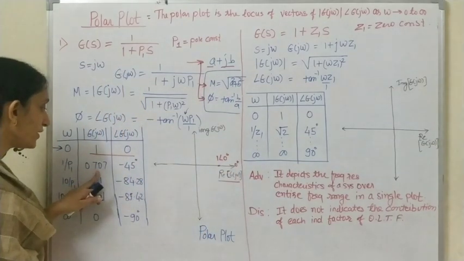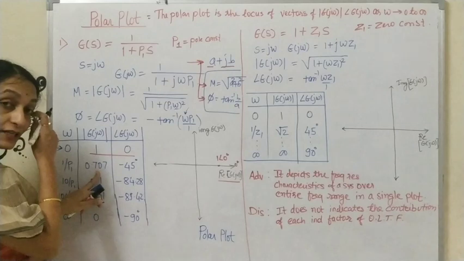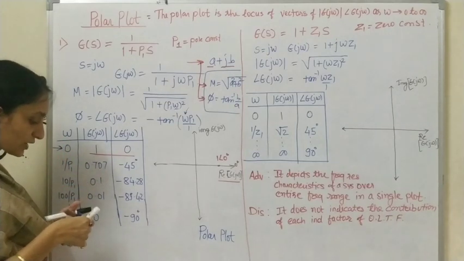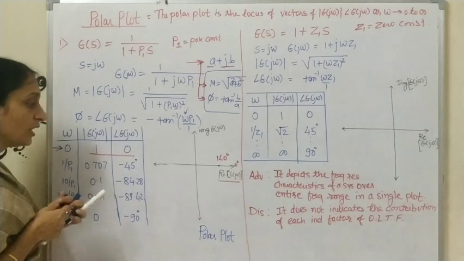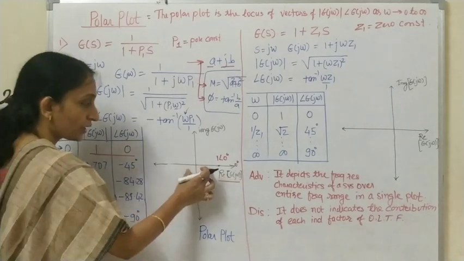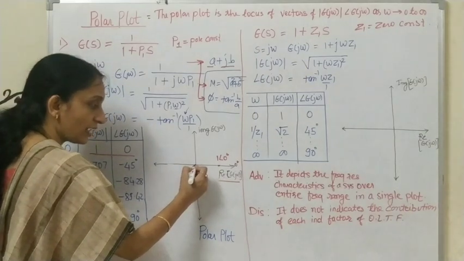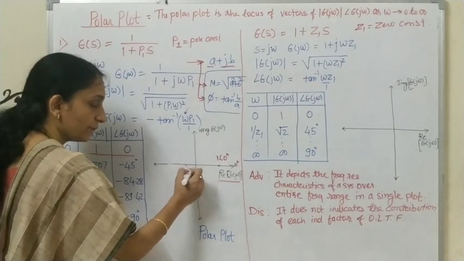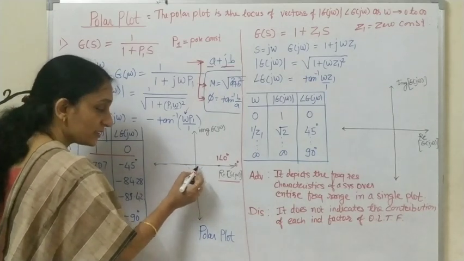Now next is 0.707 at an angle of minus 45. Here, as we are not using the actual polar plot, I will draw a minus 45 degree line. I will put the protractor here, with the origin as reference, and plot minus 45 degree.